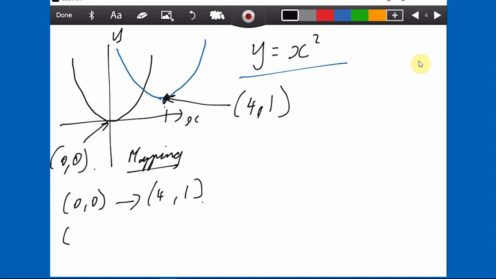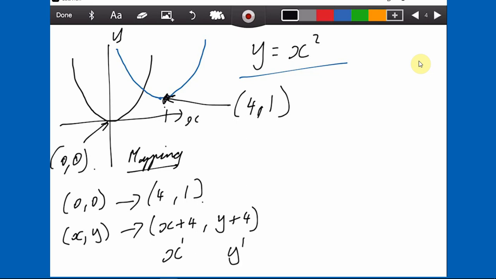So in terms of x and y, it's x plus 4 and y plus 1. And so this is our image, which is the blue one.